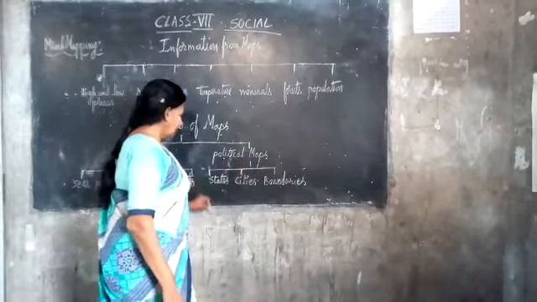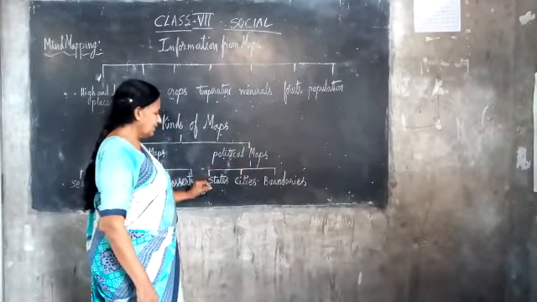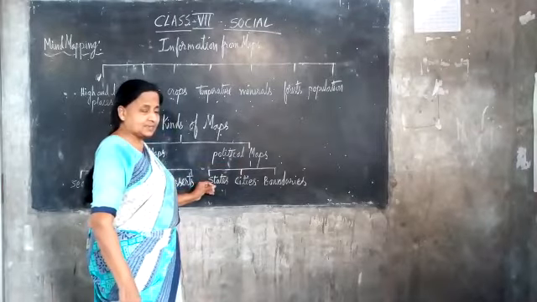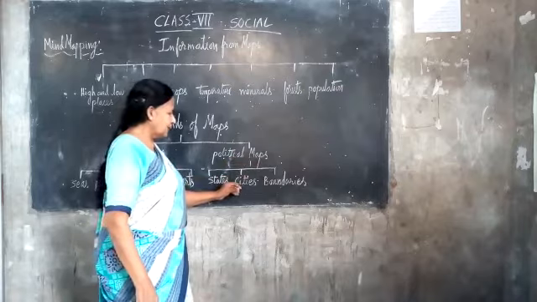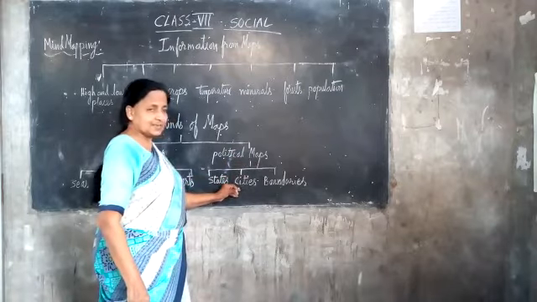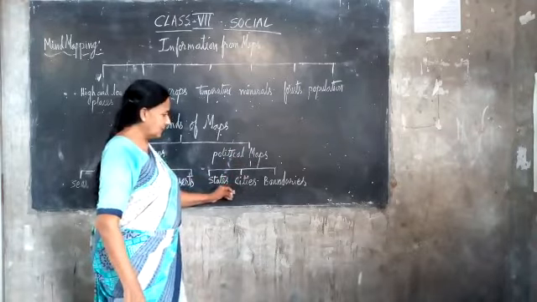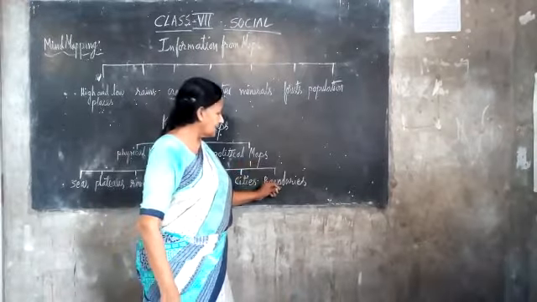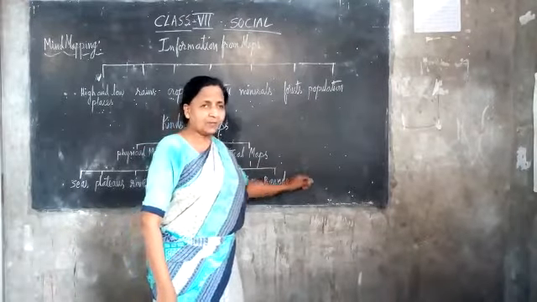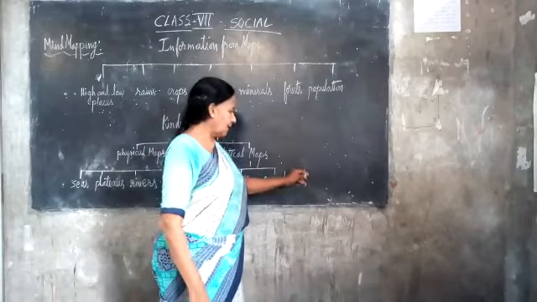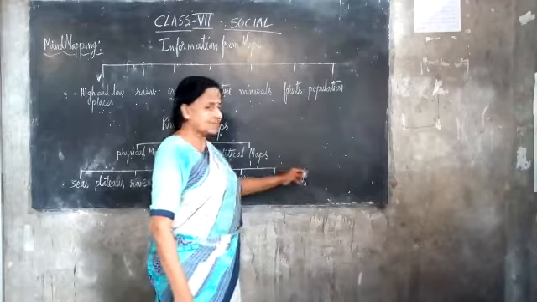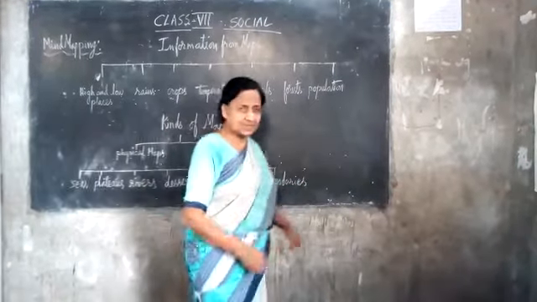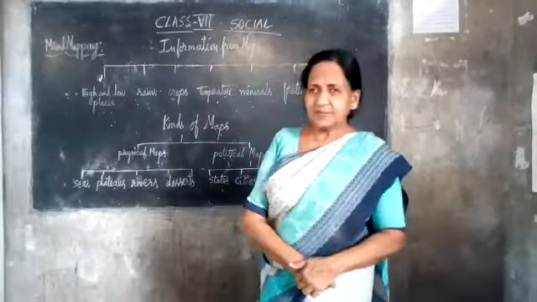Political maps are informing us about the states that are lying in a particular country, the cities that are lying in a particular country, and the boundary line of a particular country or state or city. Is it clear, children? Did you understand, children?